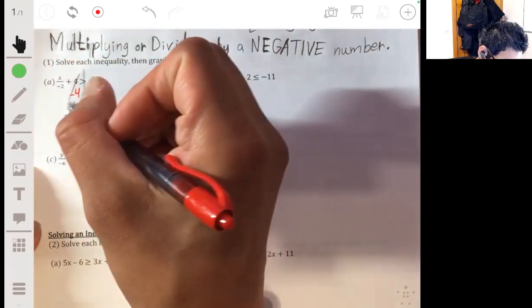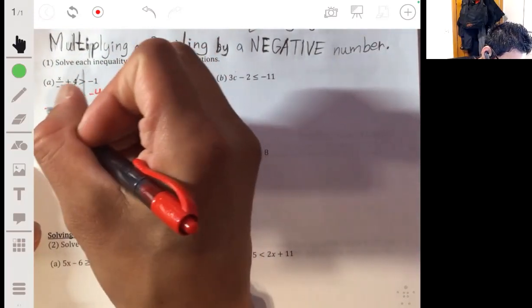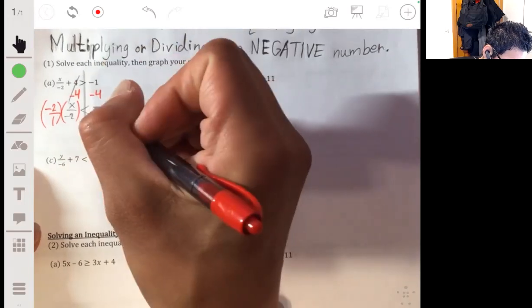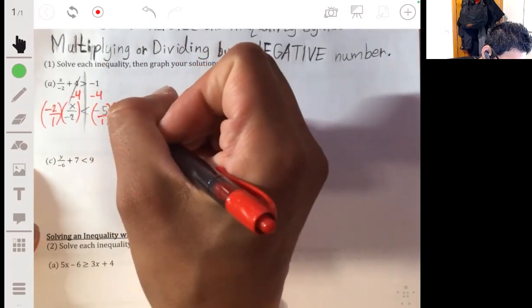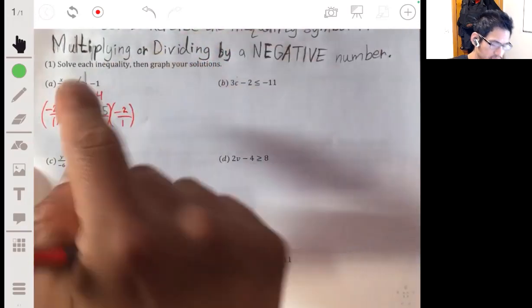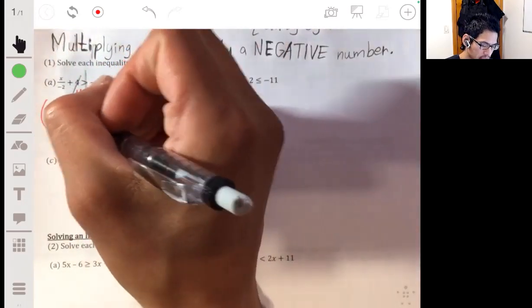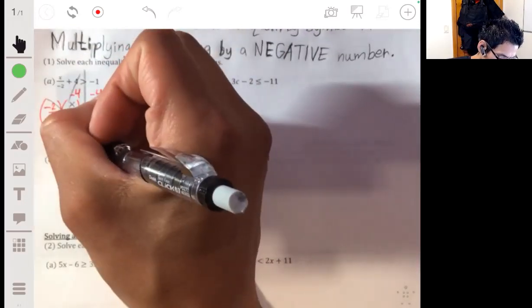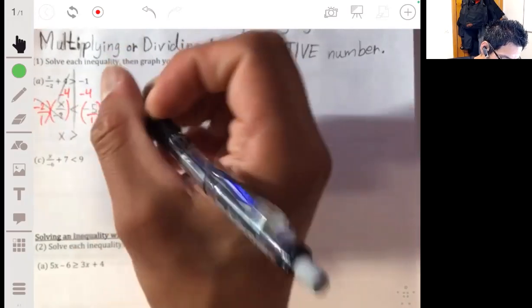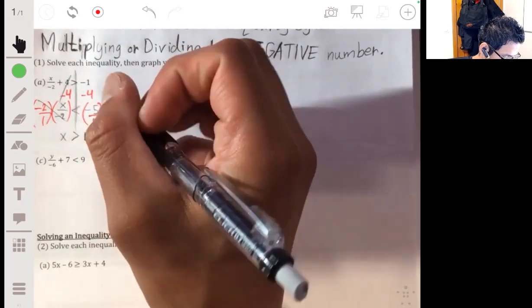Then we got to cancel out this -2 in the denominator by multiplying by -2 over 1. And since we do that, the inequality symbol reverses. So we get x is greater than 10.